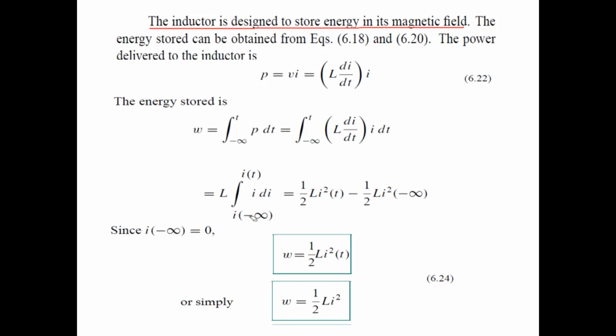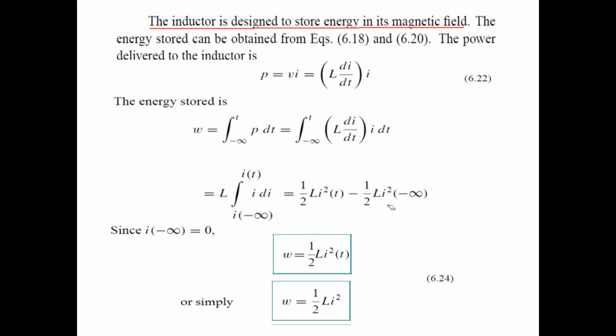Instead of minus infinity, it will be i at minus infinity, and instead of t, it will be i at time t. So the integration of i di is equal to i square by 2, and we have to apply the limits, upper limit minus lower limit, and the formula becomes this.